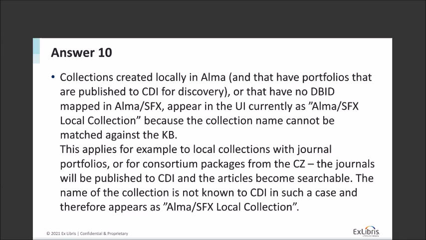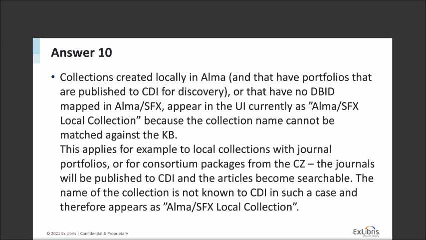This applies, for example, to local collections with journal portfolios, as I mentioned before, or to consortium packages from the CZ. Sometimes the consortium packages from the CZ do not have DBID, and for this reason CDI will not have the match for this collection. We need to make it clear that functionality-wise, the rights and the records will show.